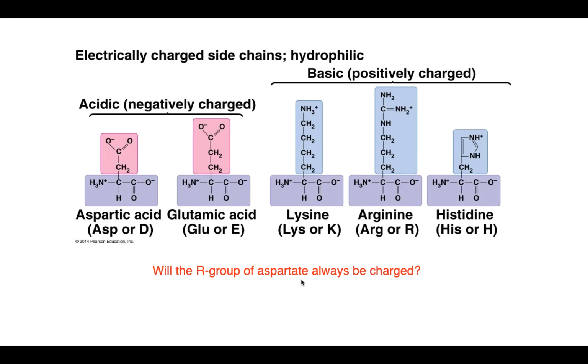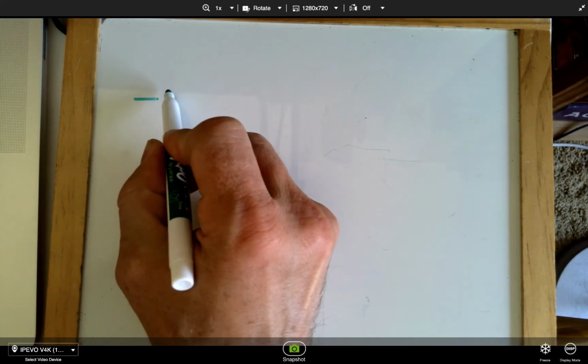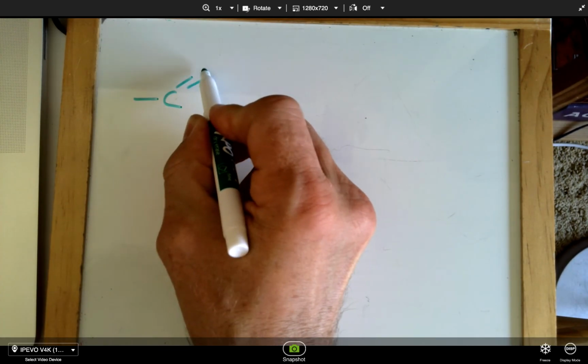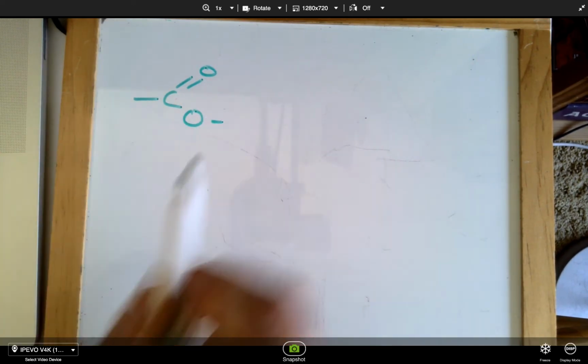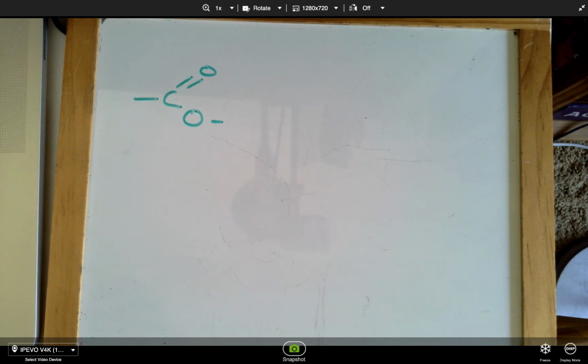And to answer this question, we have to go back and think about carboxyl groups. And remember, let's go over here, a carboxyl group. So let's say this is our R group, and it's connected all the way at the end of that carboxyl group. And right now, as the image shows you, it is negatively charged.